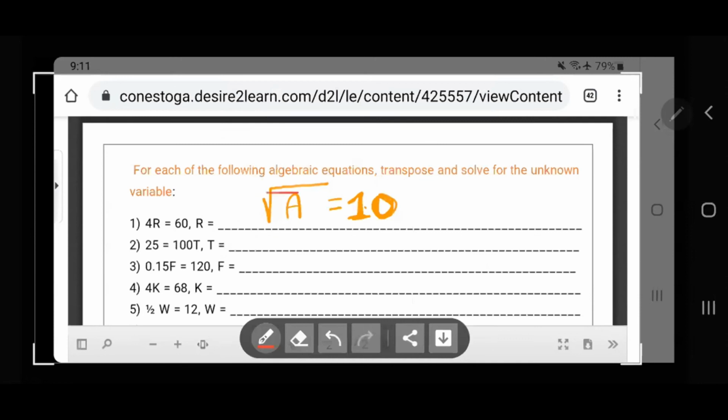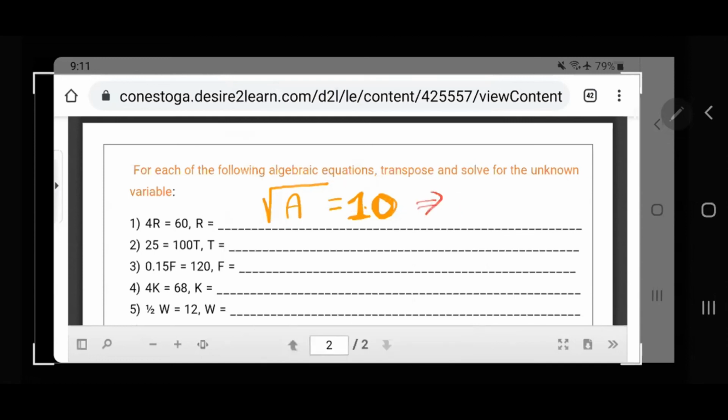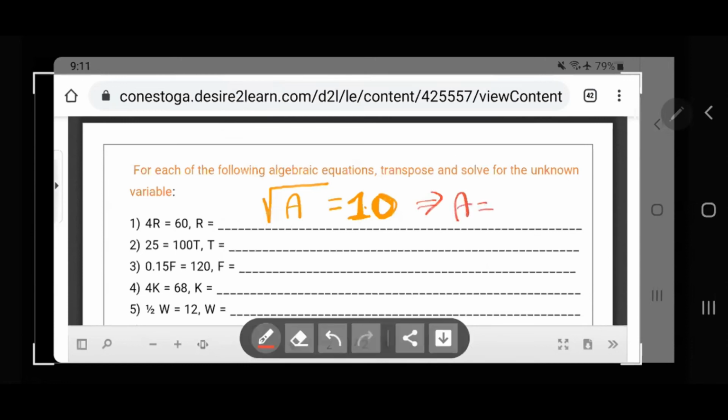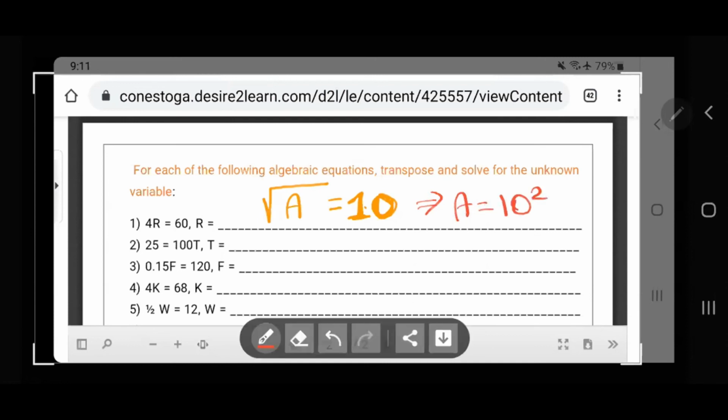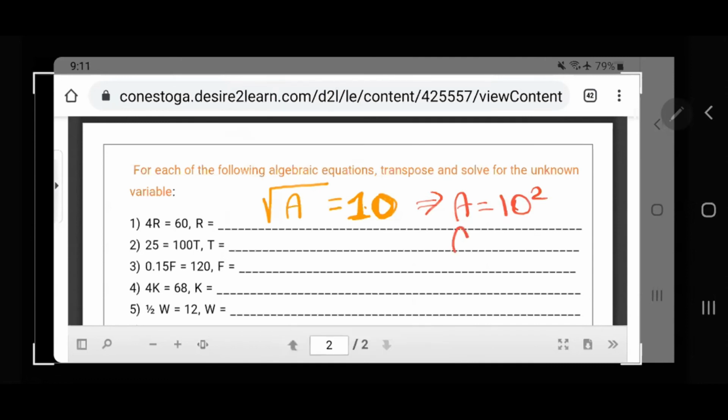This square root expression is going to go to the other side of the equal sign, and then we are going to rewrite the whole expression as a is equal to 10 to the 2, going to the other side as an exponent. So 10 squared, that means that a is going to be equal to 100.